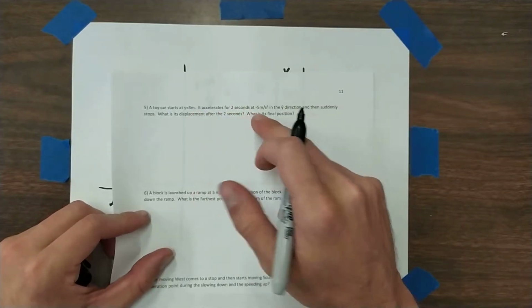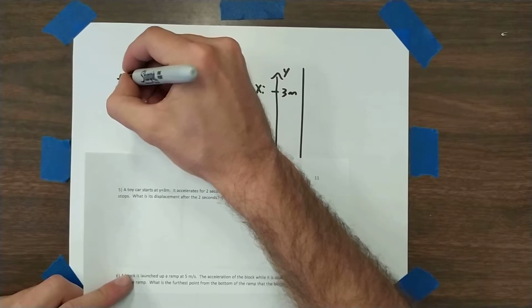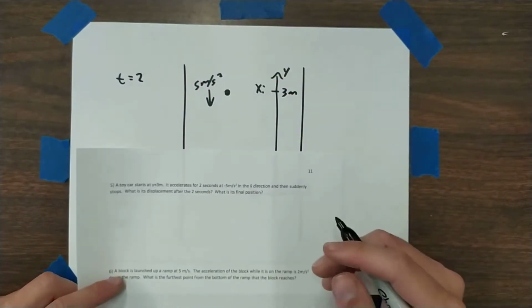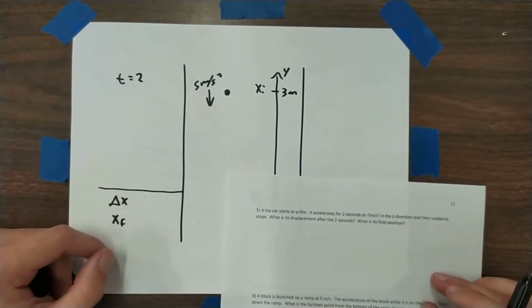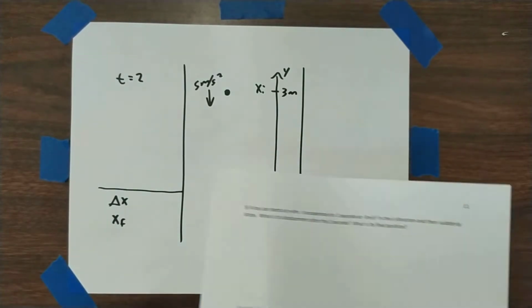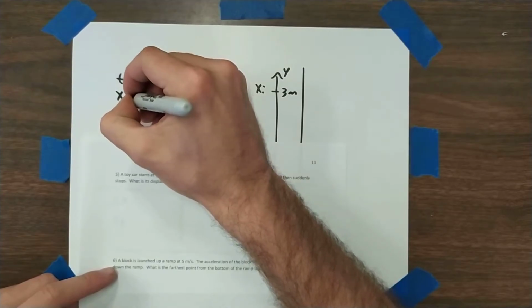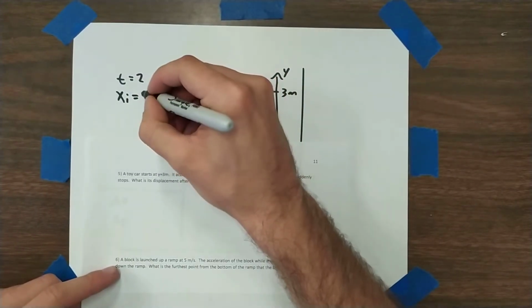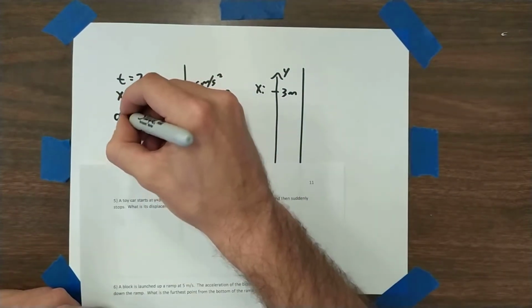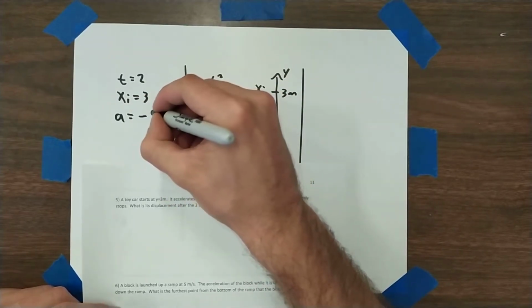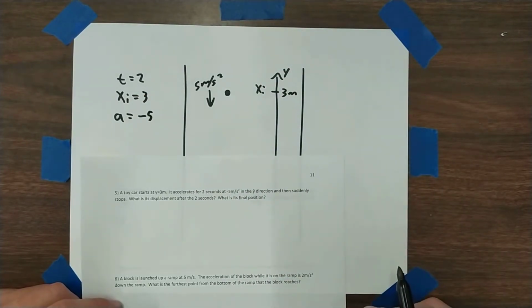Let me look through the problem, let me see what it gives me. It accelerates for 2 seconds. So 2 seconds is a time, so I'm going to say time equals 2. For this column, I'm not going to put in any units. I'll do units at the end, but I think that makes it easier for plugging it in. Our initial position, x initial, I'm going to say that's 3. Our acceleration is negative 5. And what else does it give us?